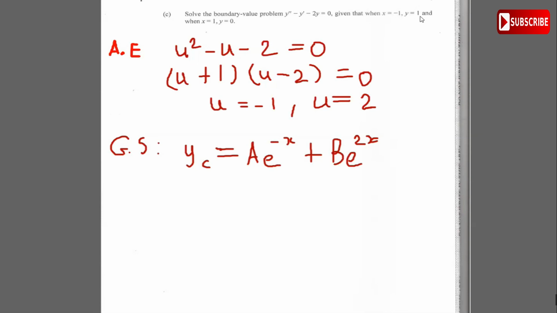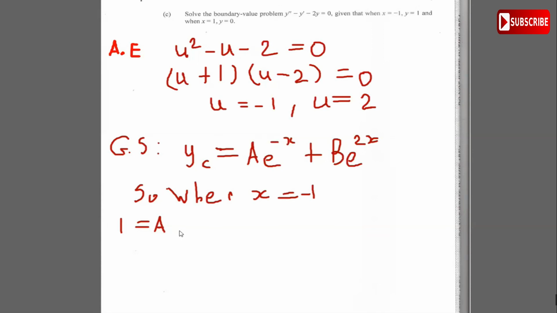Because they said given that when x is minus 1, y is 1. So putting y as 1, we're going to get 1 is equal to A, and x is minus 1, so minus 1 times minus 1 is 1.